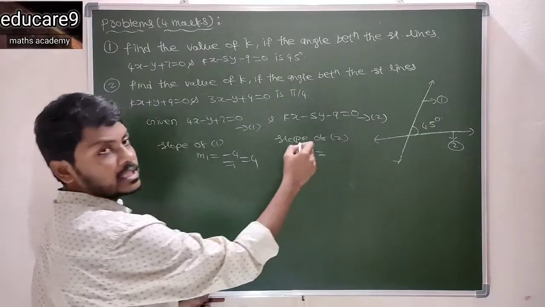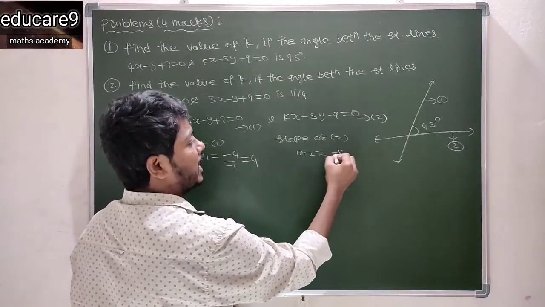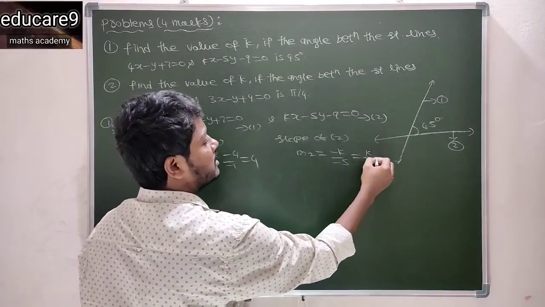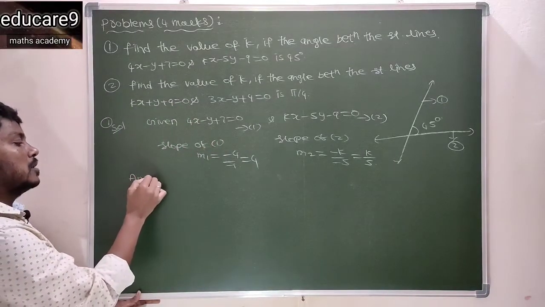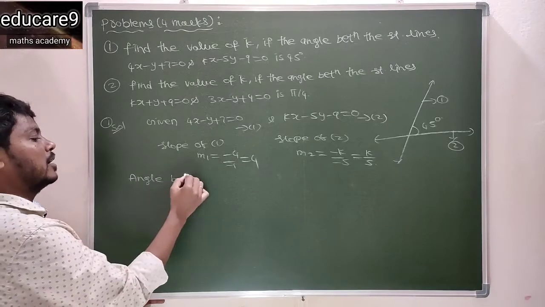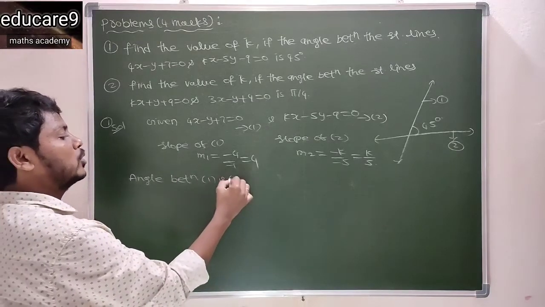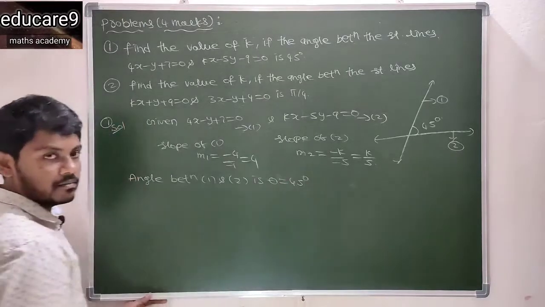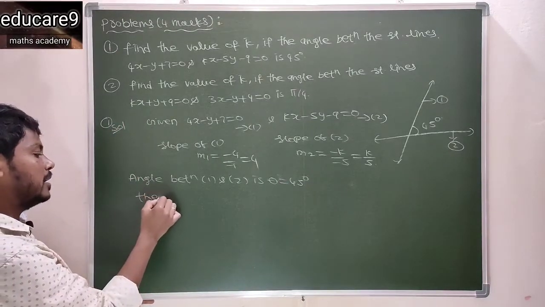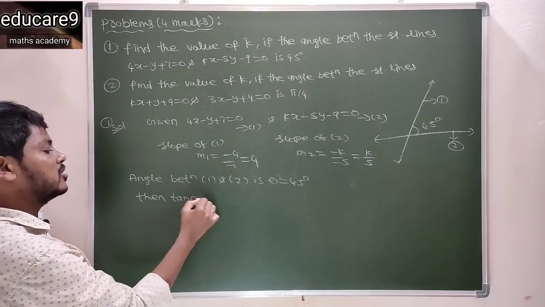Next, slope of 2, m2. So what is that? Minus a by b. So minus k by minus 5. That is k by 5. So the angle between 1 and 2 is theta, that is 45 degrees. Then tan theta is equal to what?